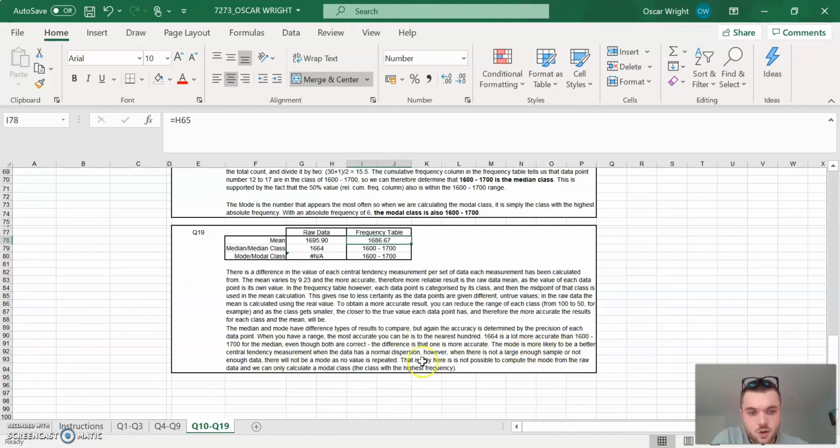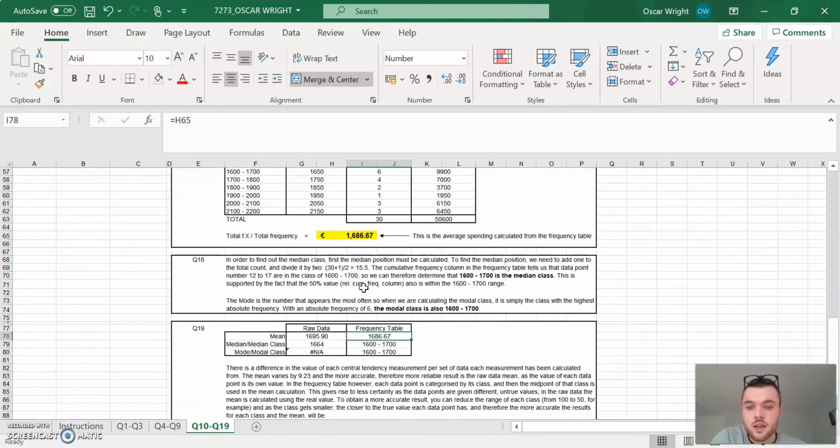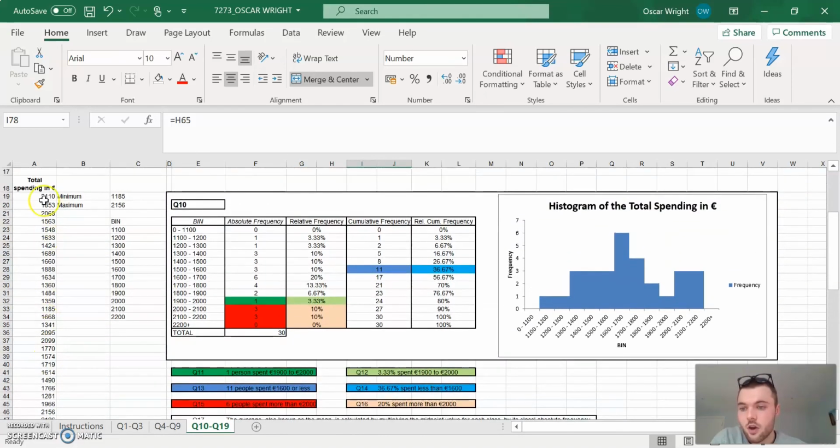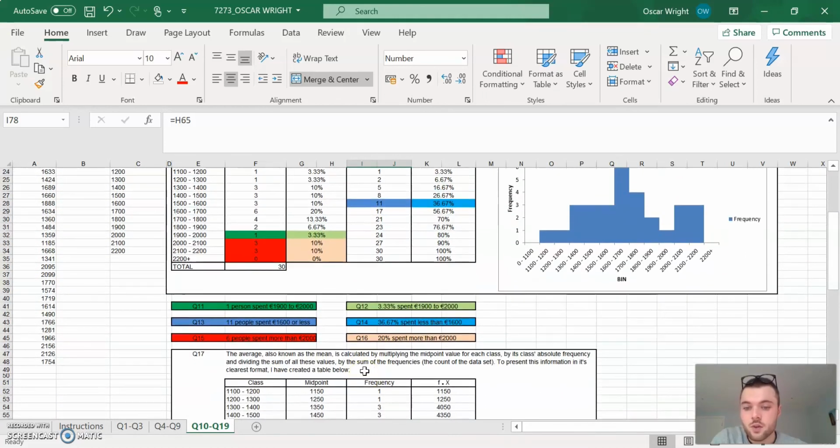The mode is more likely to be a better central tendency measure when the data has a normal distribution, which makes sense, as the mode, as the most often value, is more likely to be near the middle when there's a normal distribution. However, when there is not a large enough sample or not enough data, there will not be a mode, as no value is repeated. And that's exactly what's happened in this example for the raw data. In the raw data, we can see that each value only appears once, and therefore there is no mode.